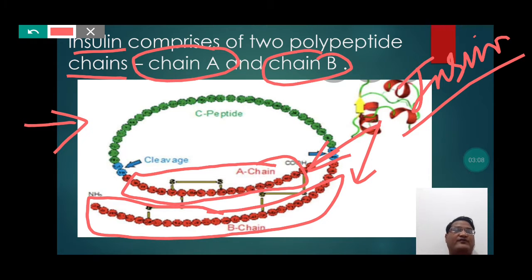Students, the main function of insulin is to decrease the glucose level.